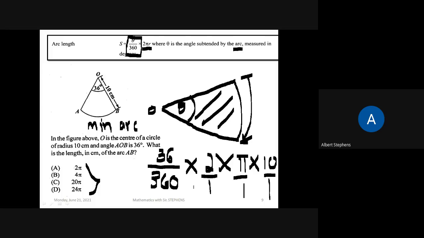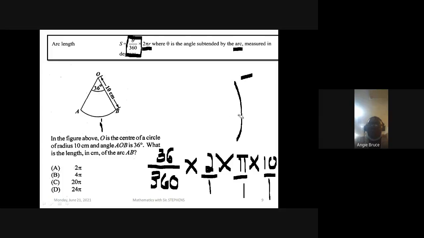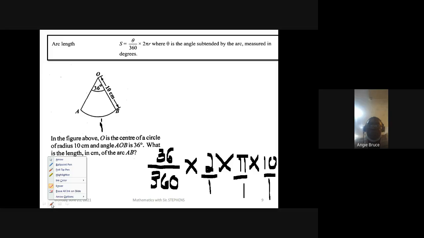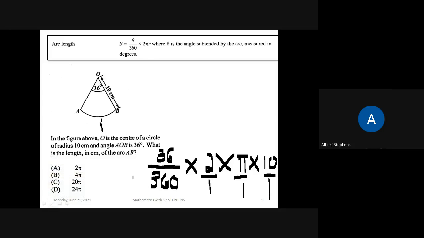All right. Who wants to explain what they will do to break this down? I would use 36 into 360, sir. Very good.